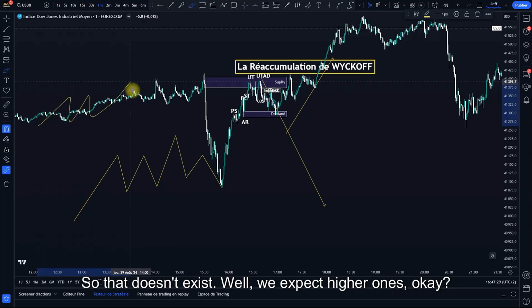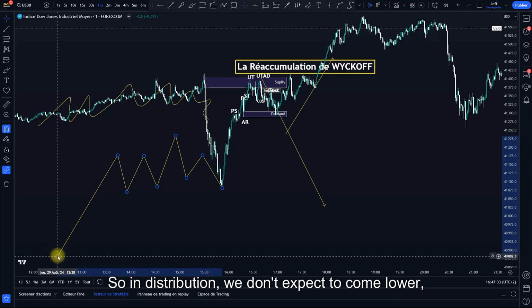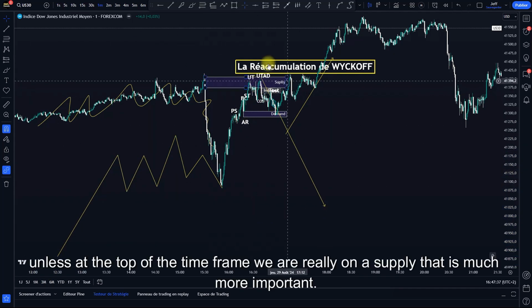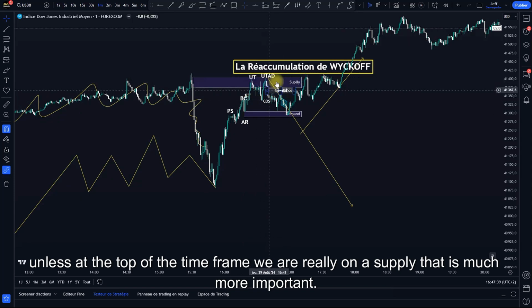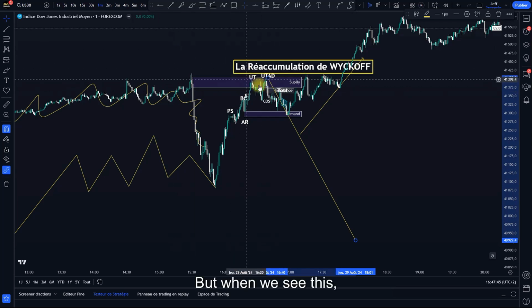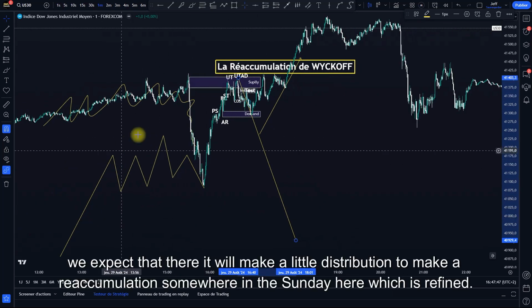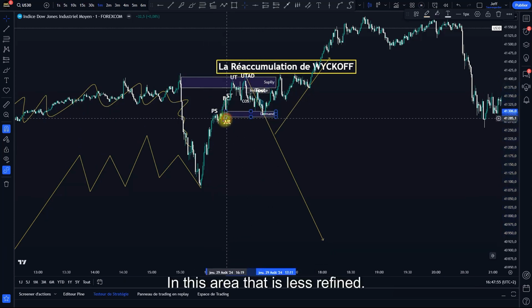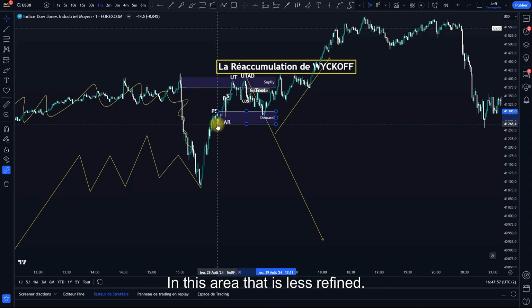We expect higher ones. So in distribution, we don't expect to come lower unless at the top of the time frame, we are really on a supply that is much more important. But when we see this, we expect that it will make a little distribution to make a reaccumulation somewhere in the zone here, which is refined, in this area that is less refined.